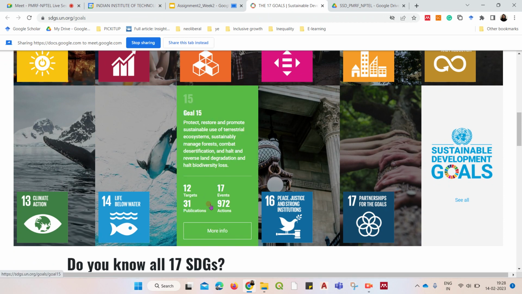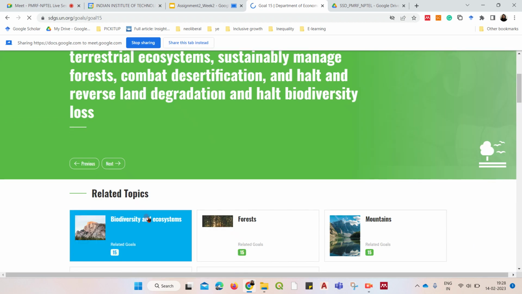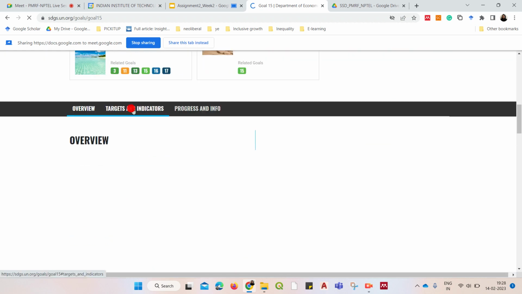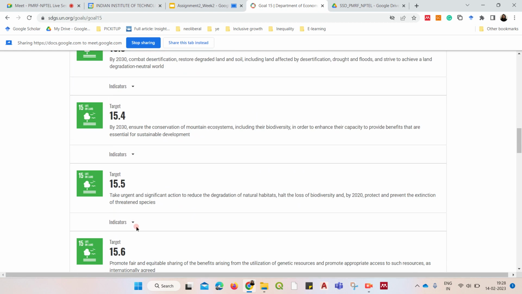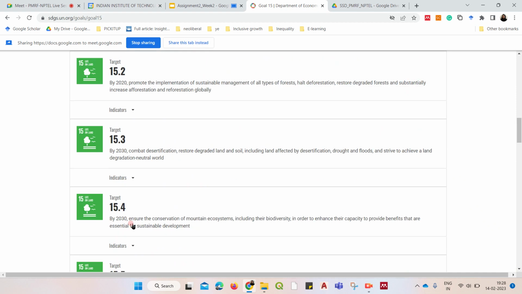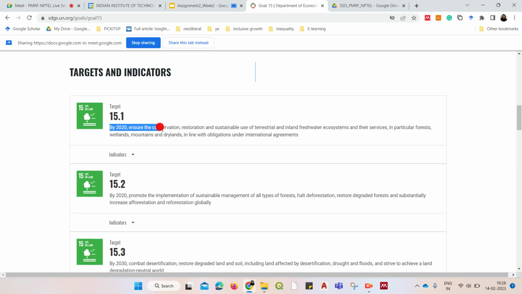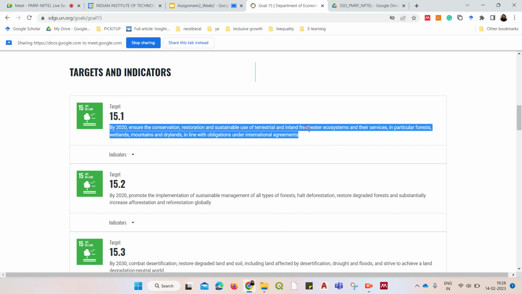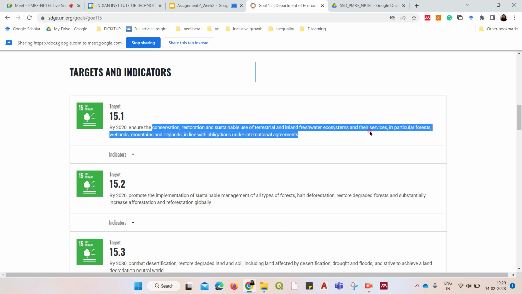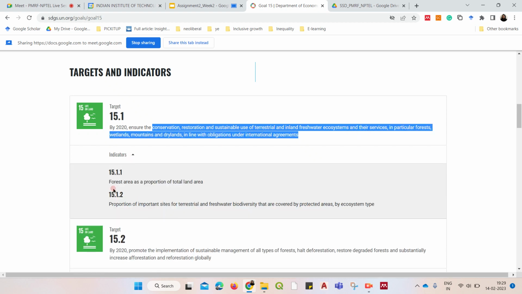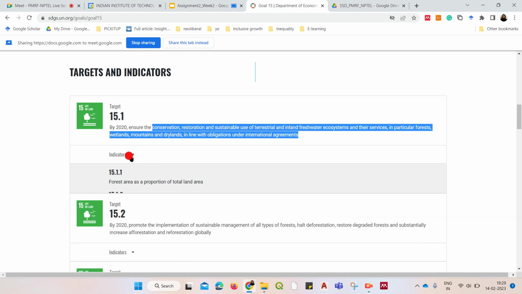This is goal 15, life on land. You can click here for more info, and then you can see the different targets and indicators. There are several targets and indicators, and you can check if any of these targets talk about greenhouse gases or not. For example, this target talks about conservation and restoration, sustainable use of terrestrial inland freshwater ecosystems and such. So it definitely does not talk about greenhouse gases.